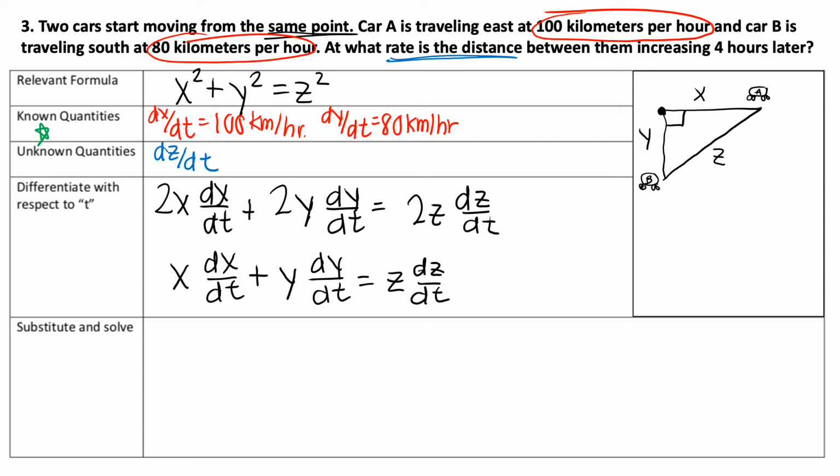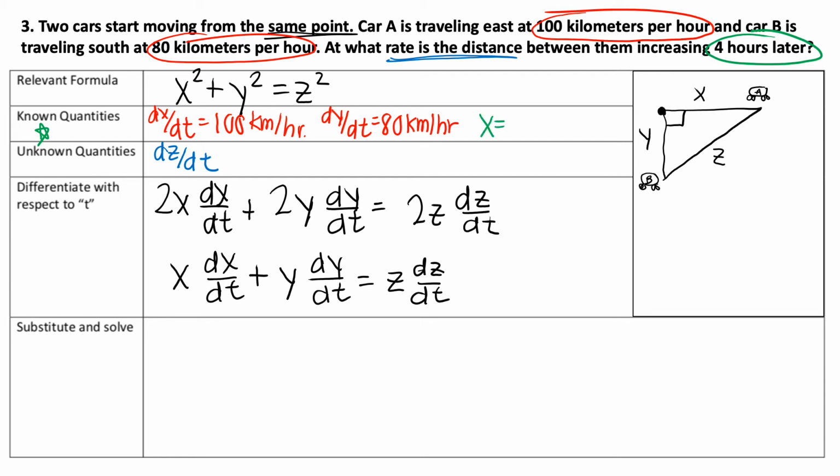So now I have to actually use the kilometers per hour, the speed that I was given, to find what those values would be 4 hours later. If car A is traveling at 100 kilometers per hour, 4 hours later, car A would have gone 400 kilometers.